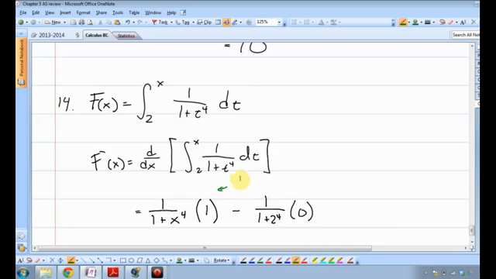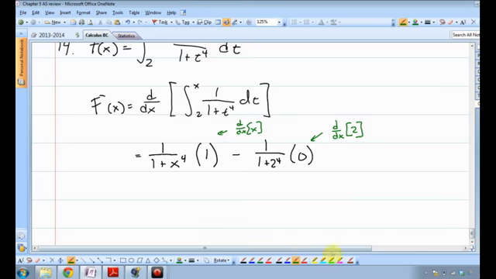This is the derivative of x. This is the derivative of 2. And then you simplify and you get f prime of x is equal to 1 over 1 plus x to the 4th. Okay? It asked for f prime of 2. Yeah, I know. I'm not finished.